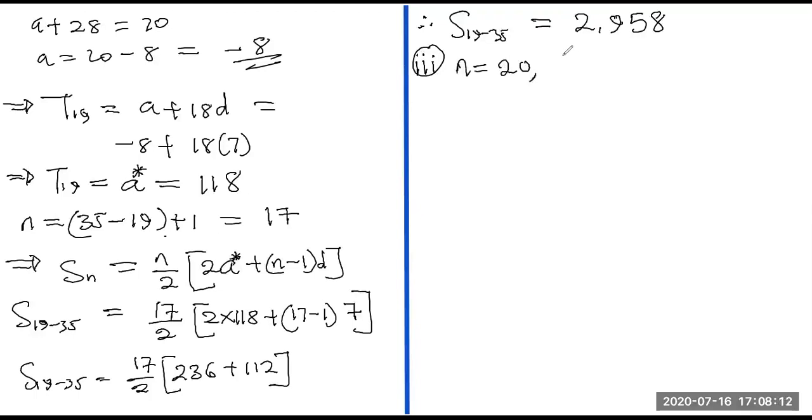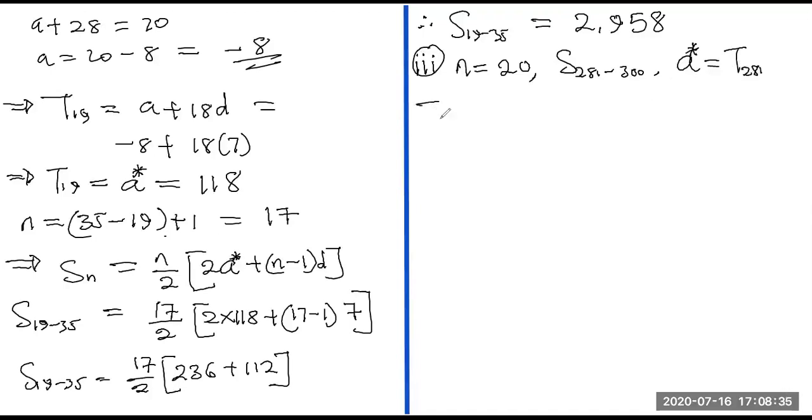But we are not looking for sum 281 to 300. That will make it the last 20 terms. So we now need our pseudo first term, which is equal to the 281 term. The 281 term will now serve as the pseudo first term because we want to start from that particular point and reach 300.